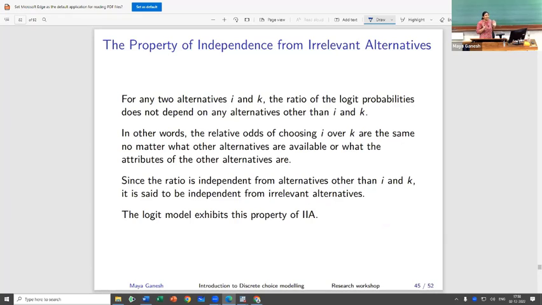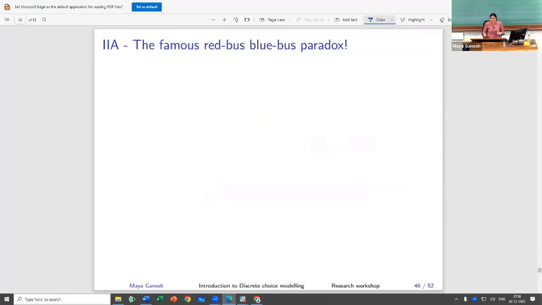Now, let us say after a few days, a new red bus is introduced, which the commuter or the traveler can consider to travel in. This red bus is exactly similar to the blue bus in terms of all the attributes, except that it is red in color. Now, the probability that the traveler will take the red bus should actually be the same as the blue bus, because they have the same attributes.